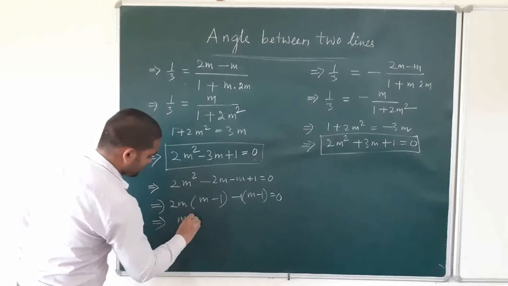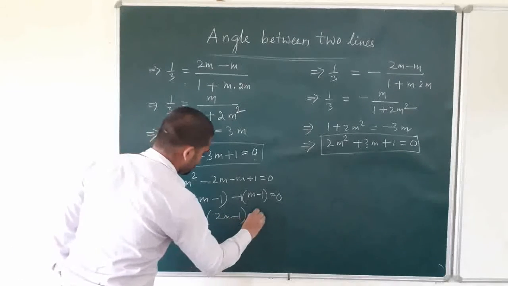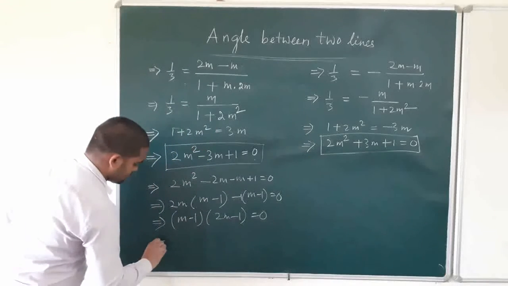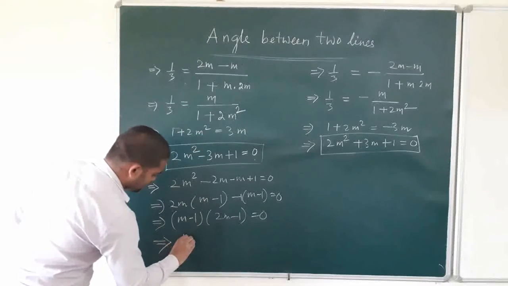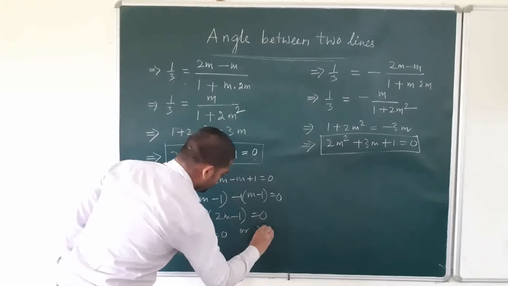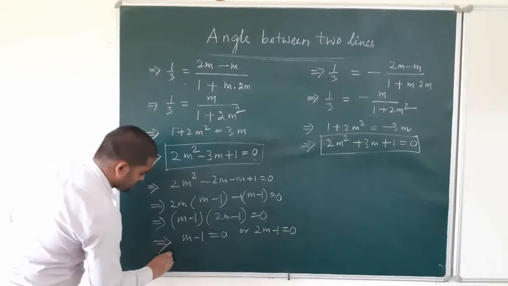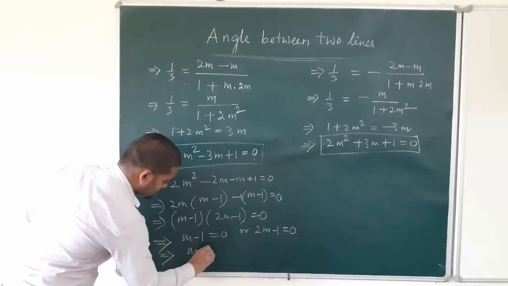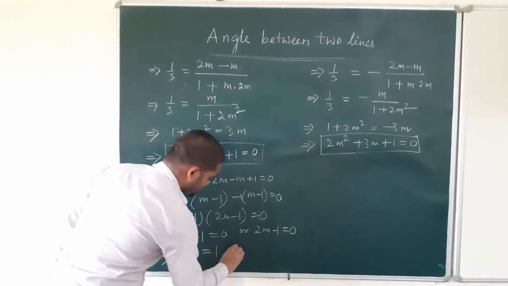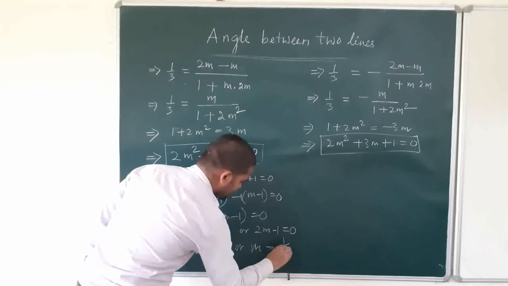Then M minus 1 into 2M minus 1 equal to 0. That is, M minus 1 equal to 0 or 2M minus 1 equal to 0. That is, M equal to 1 or M equal to 1 by 2.